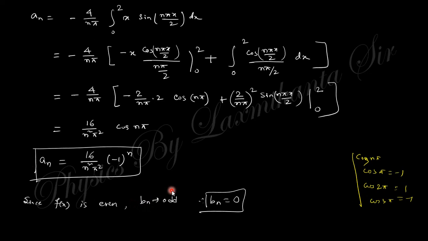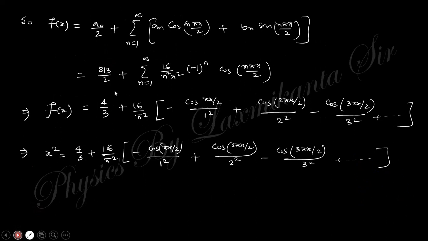Since f of x is an even function, the product with the sine becomes an odd function, that's why bn equals 0. So there is no requirement to solve bn in this process, right? So we obtain this an, bn and a0. Just put these values in this equation, and because bn equals 0, you will get f of x like that. Okay. So in expanded form you can write down this solution.